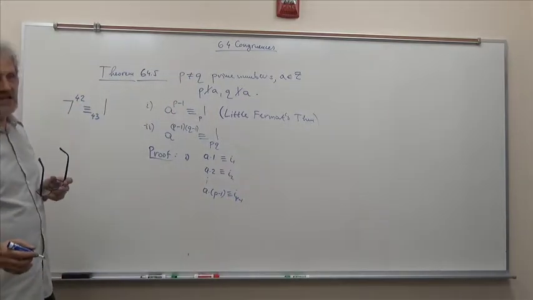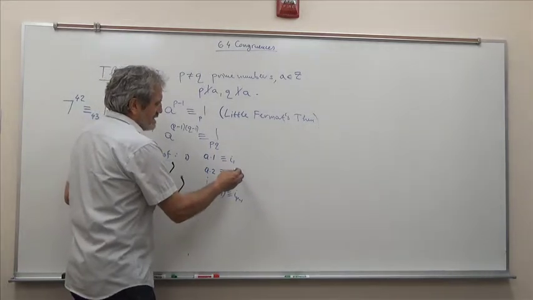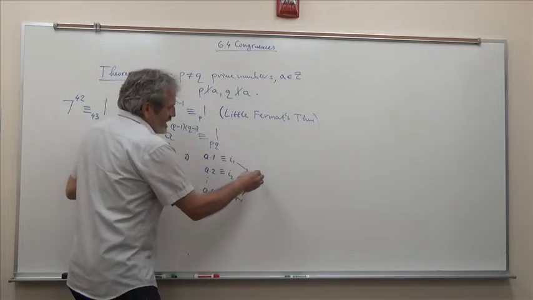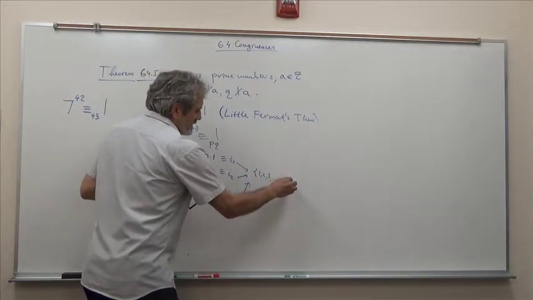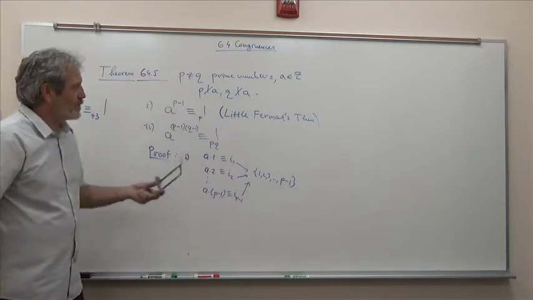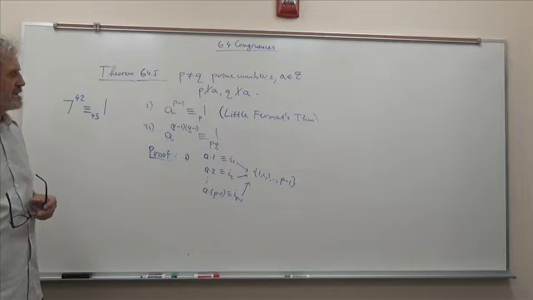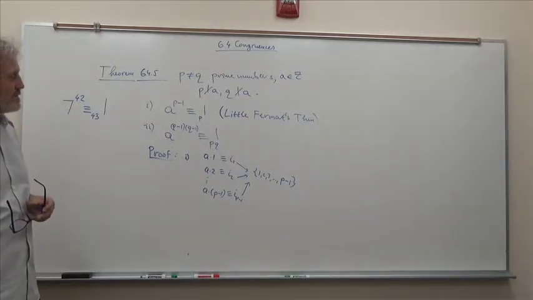I don't know what they are, but I know that they are not congruent. So these numbers, in some order, are again 1, 2, 3 up to p minus 1. Since they are not congruent among themselves, they have different remainders modulo p.